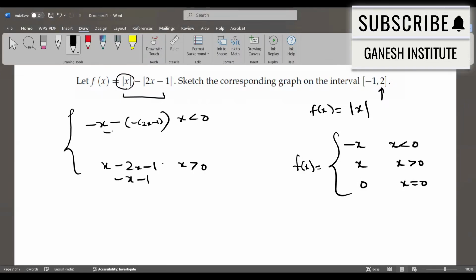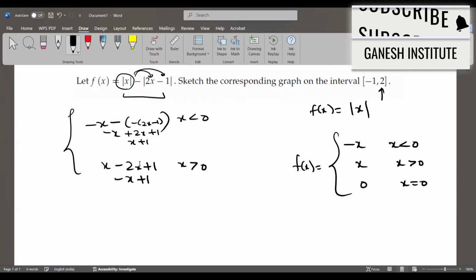Minus x minus 1. How much is it? x plus 1, right? Minus 2x minus minus plus 1. If you open this bracket, it will give you plus 1. So these are two values.